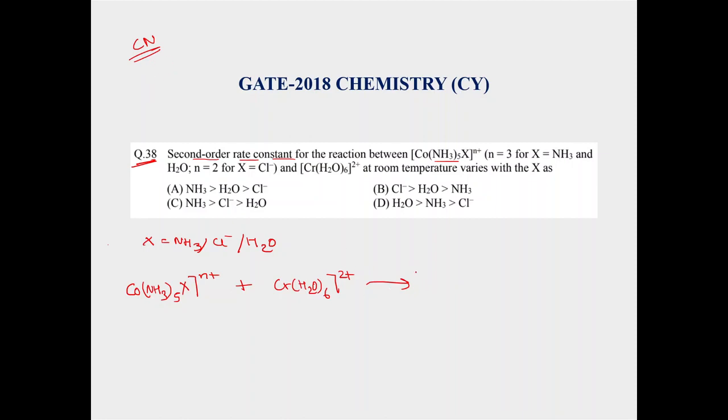So here, what will happen is [Co(NH3)5H2O] and now plus it will be [Cr(H2O)5], and one will be this X.